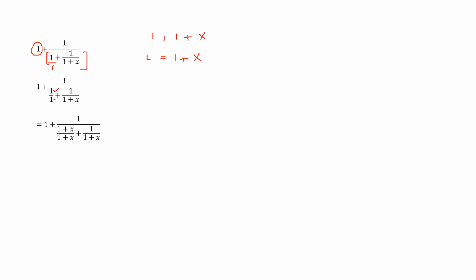And now here x 1 plus x, 1 plus x. So yes, this was the LCM. So we write 1 LCM, and this 1 plus x will be added with this one. It will come out 2, 1 plus 1, 2, and let's see, yes.